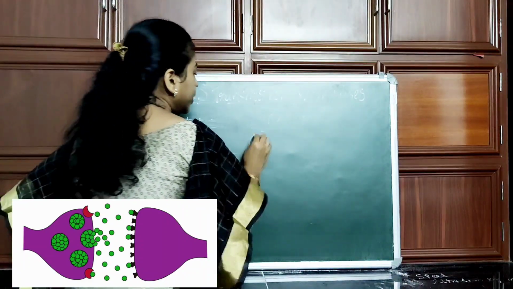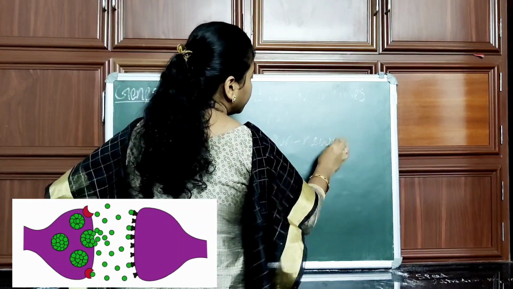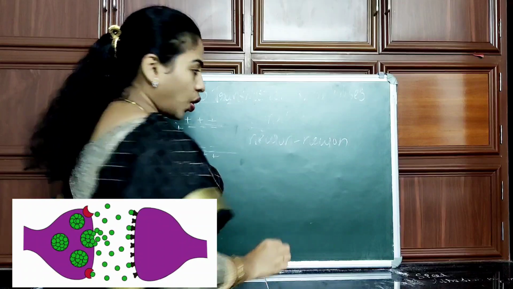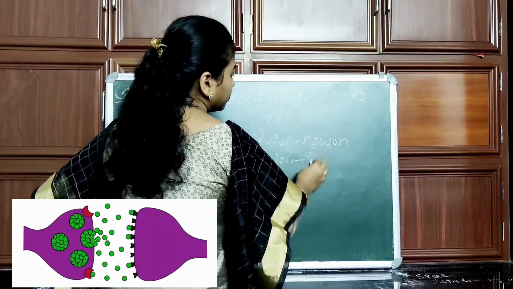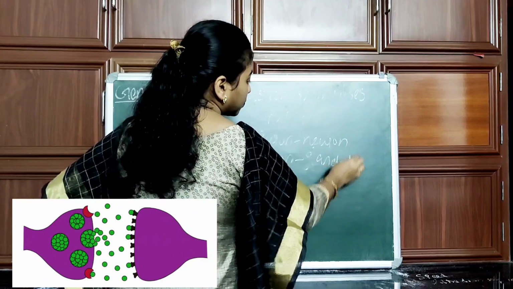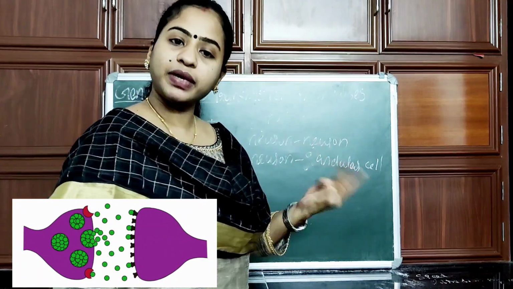Synapse is the junction between two neurons, or between a neuron and another cell: a glandular cell, or a muscle cell.